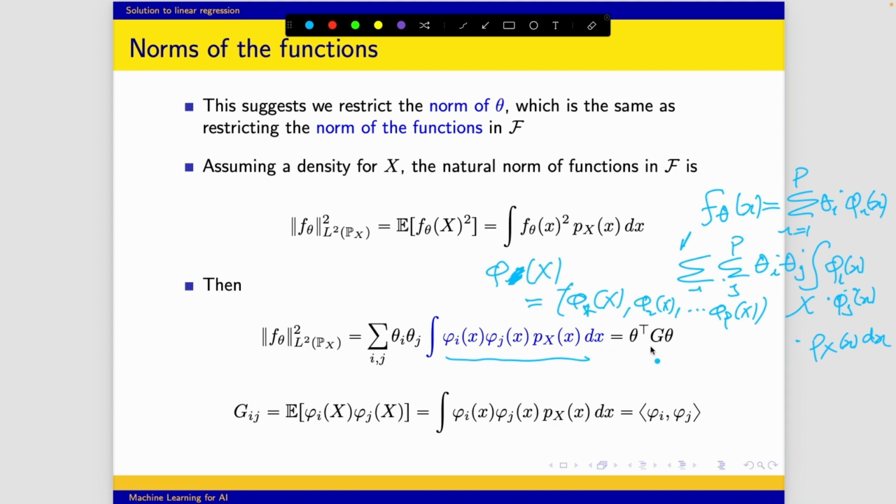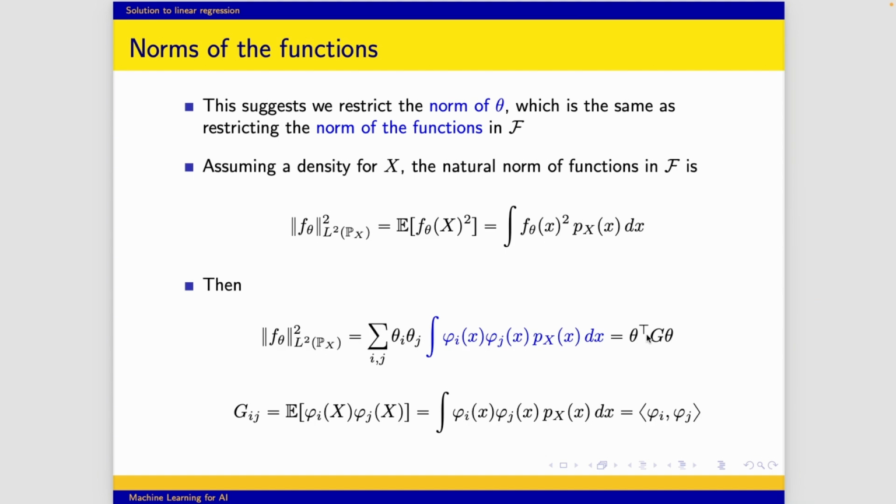So the ijth entry of this matrix G is given by this integral here. And we can write this whole thing, this norm, as theta transpose times G times theta. If we want, we can write this as theta dot G times theta. So this will result in a vector, and we take the dot product of that with theta. So this is in matrix notation.